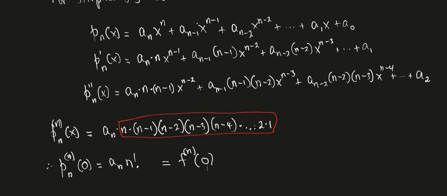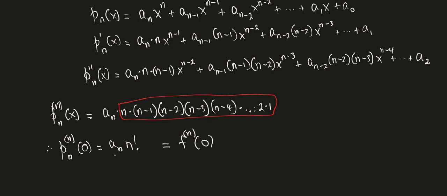Well, in general, now that I know that the nth derivative of our nth degree polynomial is just going to be a constant, this implies something even more helpful, that if I were to evaluate this nth derivative of my polynomial at a, it would still give me a sub n times n factorial, and we would want this to be equal to our original function differentiated n times evaluated at a. All right?